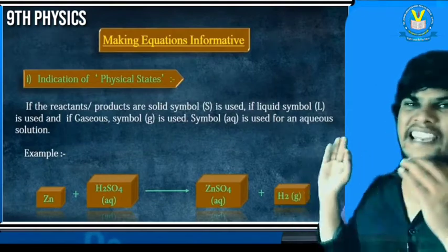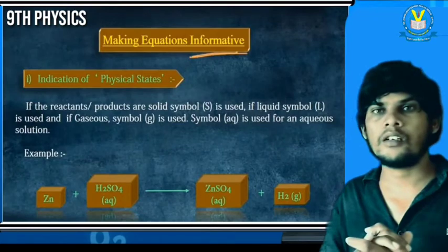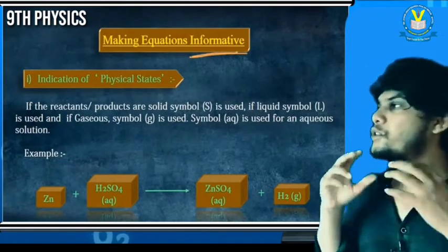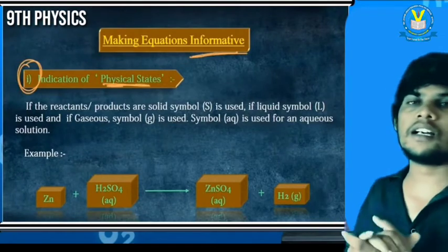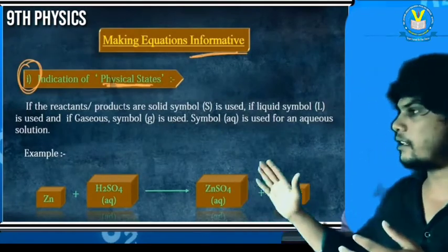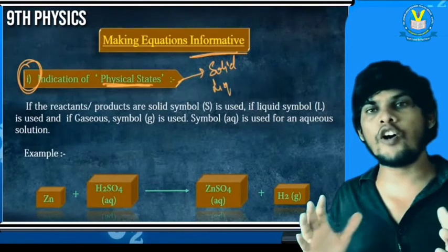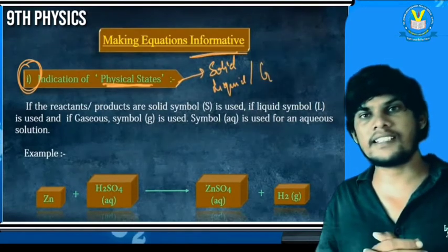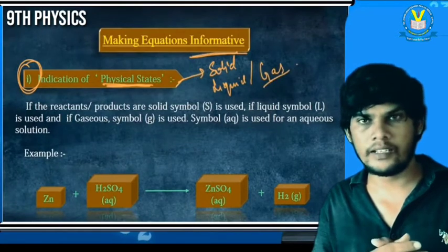To write a chemical equation in a more informative manner, first of all we should indicate the states of the chemical substances that are participants in the reaction. We already know substances exist in three forms: solid, liquid and gaseous.